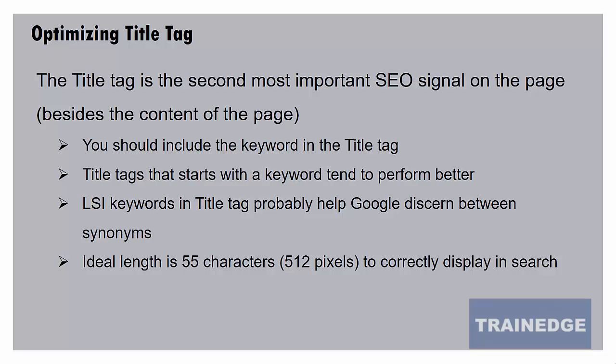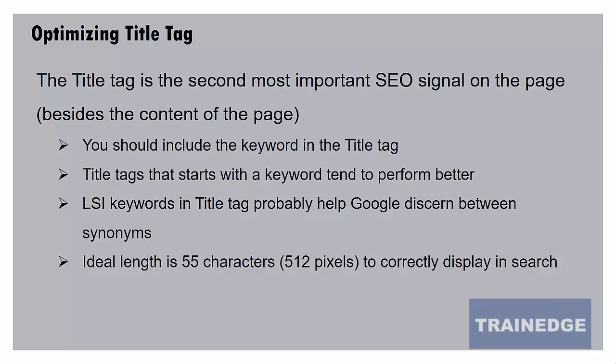The ideal length of the title is 55 characters. That is roughly about 512 pixels. While your title character length could be longer, the Google search results page only displays titles up to 512 pixels.